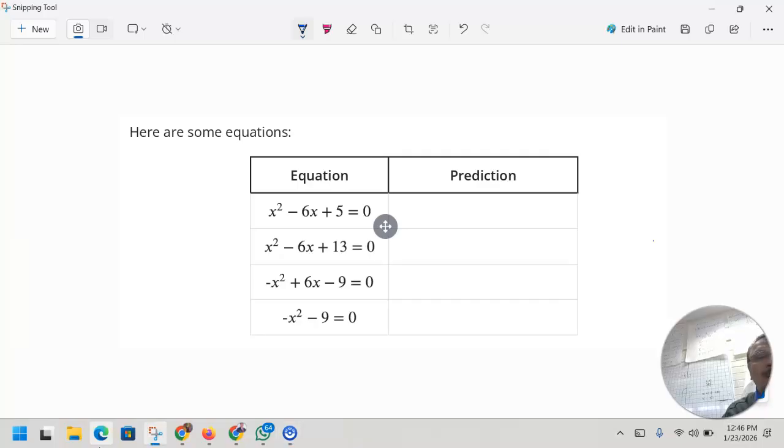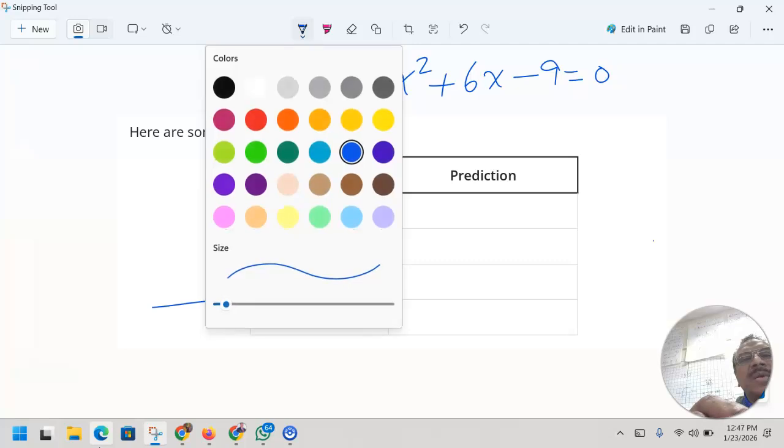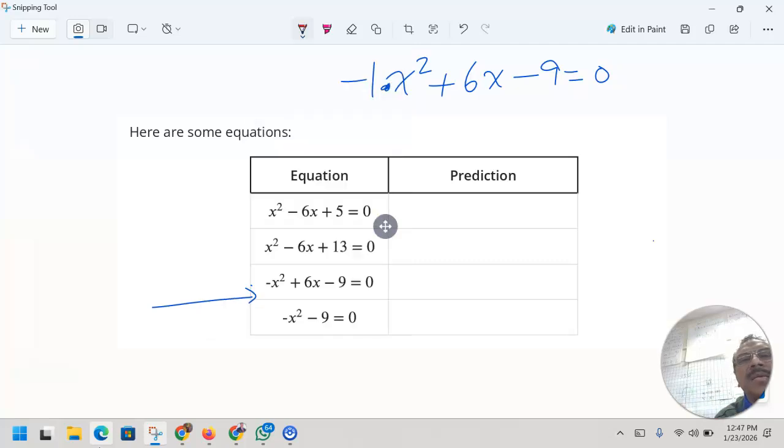So the third one, let's do. The third one is minus 1x squared, because there's no number, so the number is minus 1, and then plus 6x minus 9. Step number one, what is a, b, c? This is the a, this is the b, and this is the c.